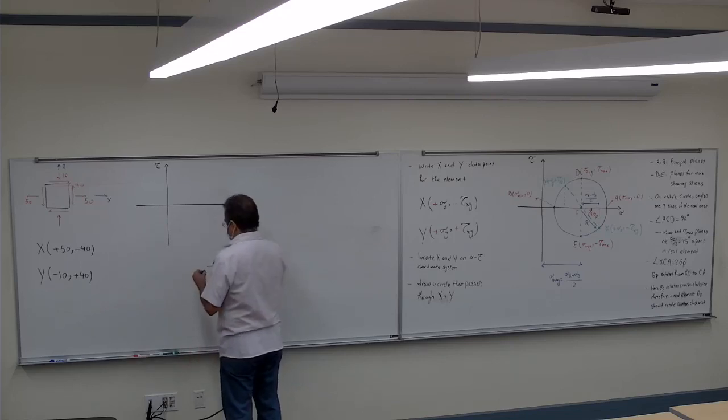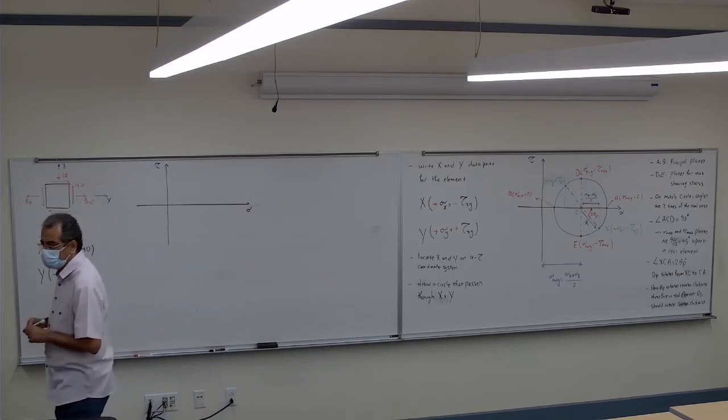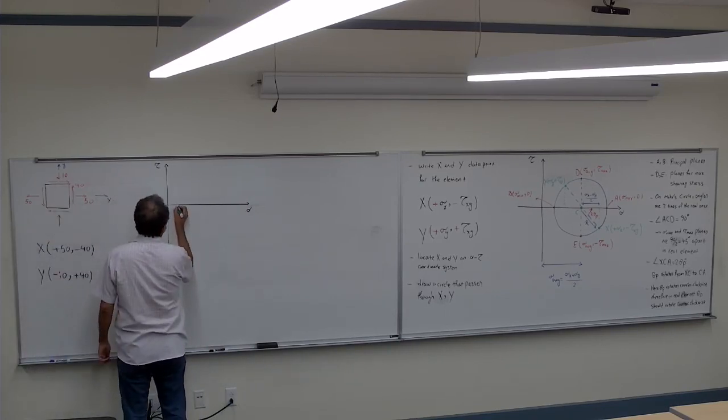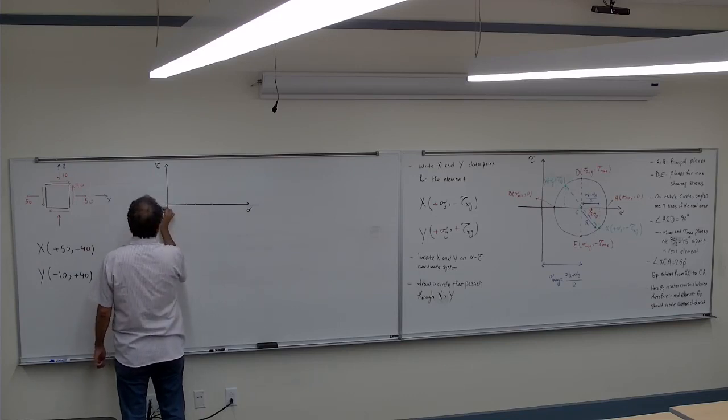Now I'm going to find those 2 points. So it's going to be 50 and 10 and 40, so I'm going to do 1, 2, 3, 5, 1, 2, 3.